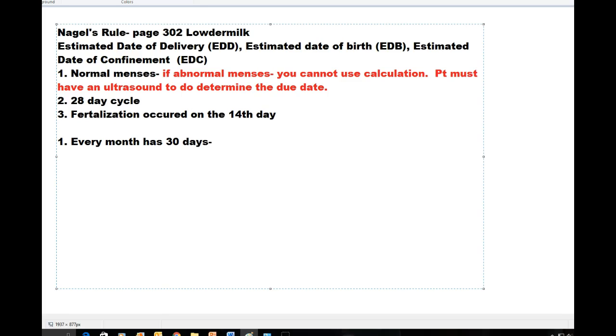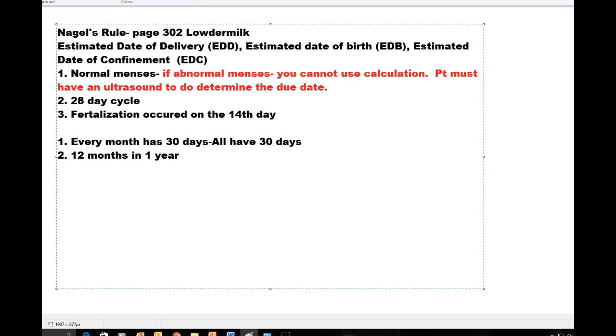January, February, March, April, May, June, July, August, September, October, November, and December all have 30 days for this calculation. Number two, there are 12 months in a year, which is standard, so we're good there.